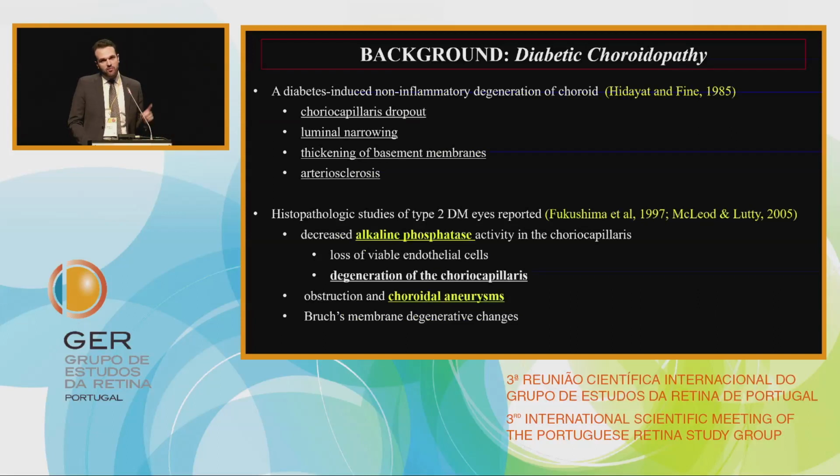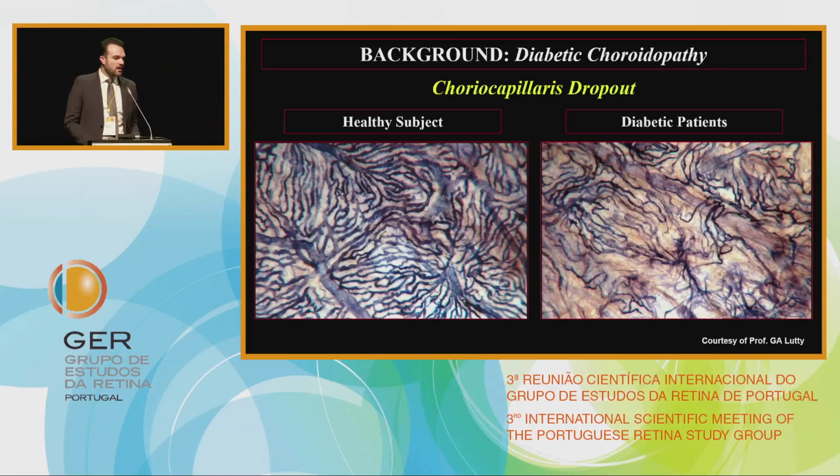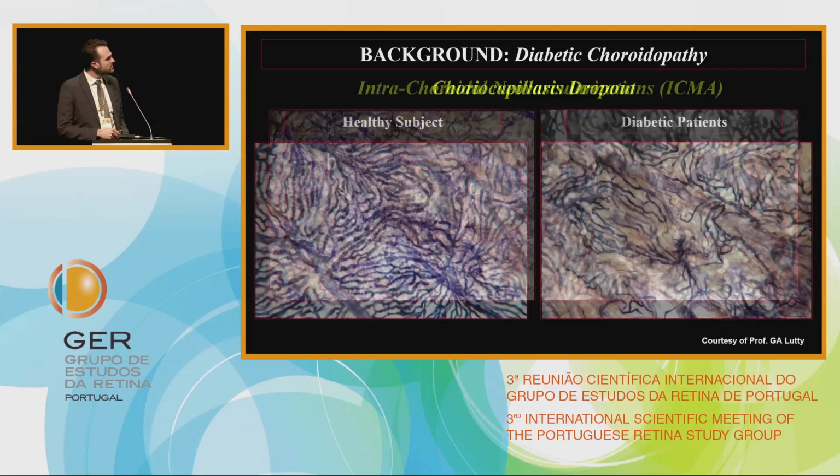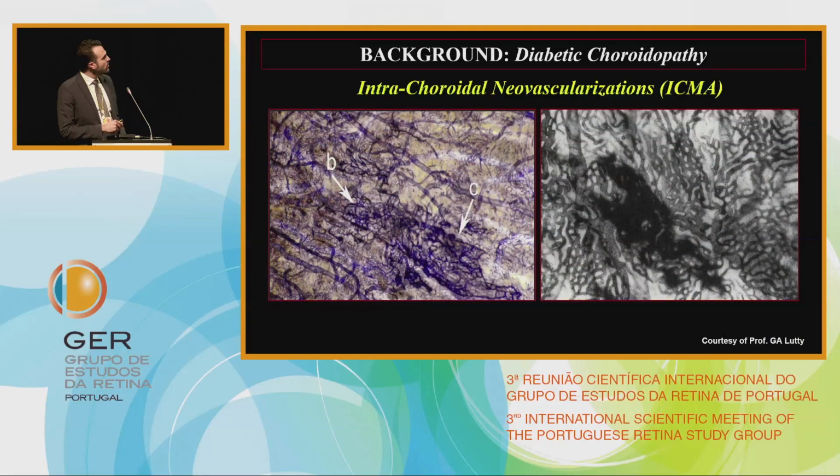But one of the most important things that we can observe from these histological studies is the presence of intrachoroidal neovascularizations. This is an example of the choriocapillaris in a healthy subject and the rarefaction of the choriocapillaris in a diabetic patient. This is an example of an intrachoroidal neovascularization.